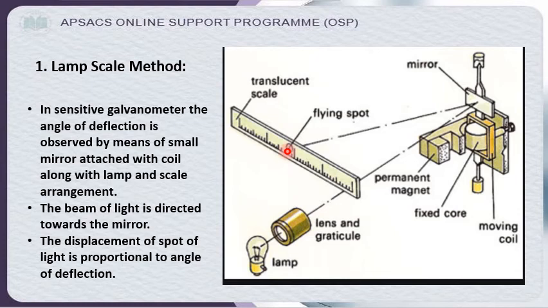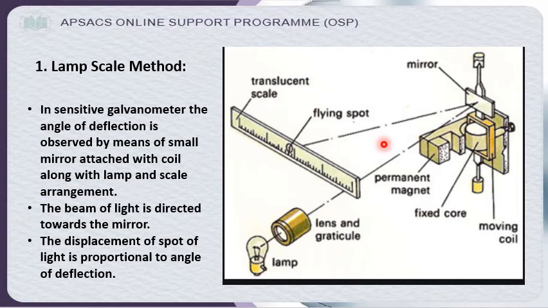Next, the beam of light is directed towards the mirror, and after reflection from the mirror, it produces a spot on the scale at a distance of 1 meter from the galvanometer. To make it more sensitive, it must be placed at a distance of 1 meter.